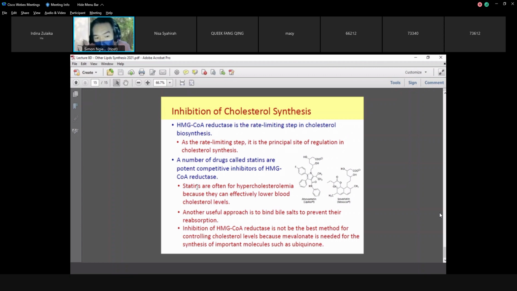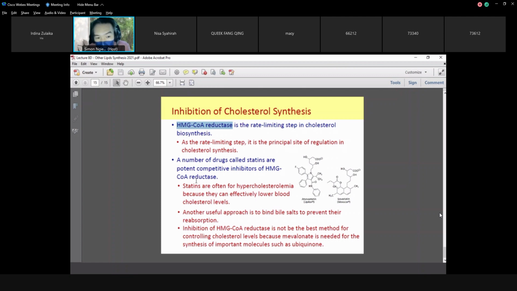This will help to reduce the amount of blood cholesterol by controlling this enzyme here. Because this enzyme is like the guard that allows whether cholesterol synthesis goes ahead or not.